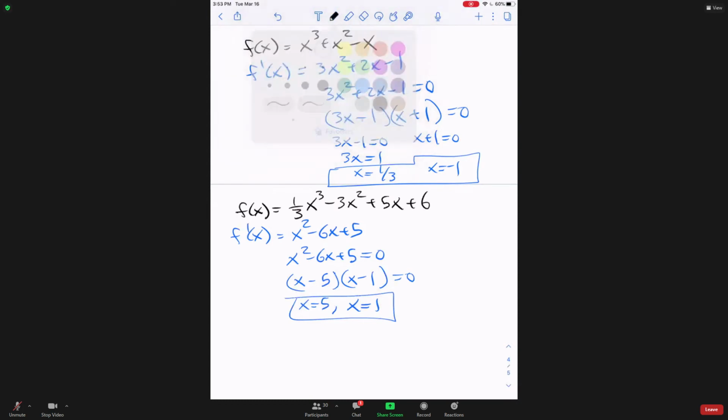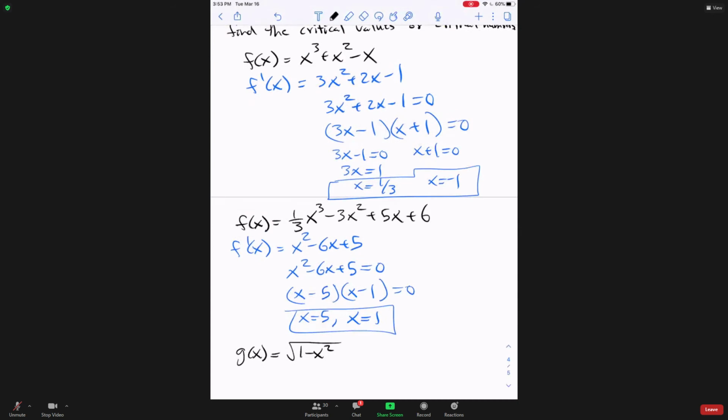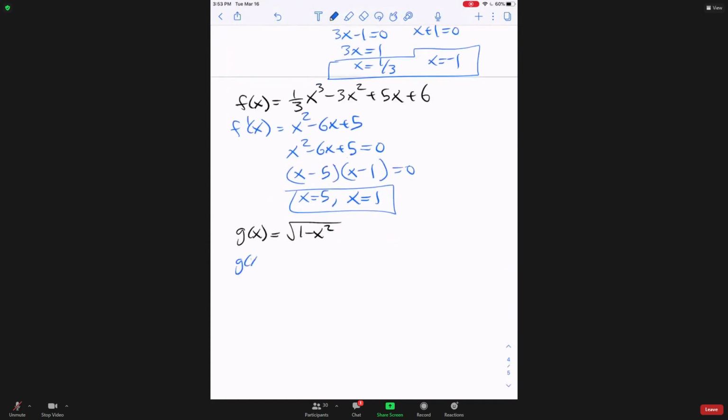All right, let's do another one. What if we got g of x equals the square root of 1 minus x squared? Again, the same directions. Find the critical numbers. Well, we're going to change it to the 1/2 power first. Then we're going to take the derivative. So that's 1/2 times 1 minus x squared to the negative 1/2 power, the chain rule, times the derivative of the inside function, which would be negative 2x.